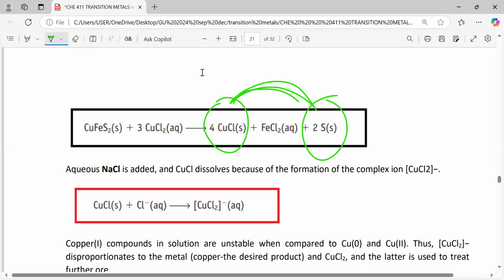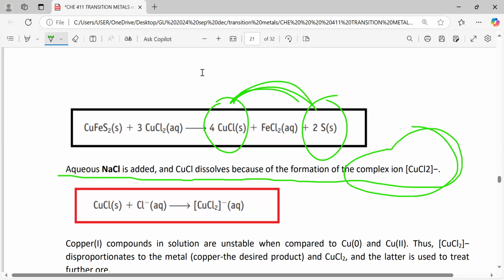Then what happens next? They add aqueous salt, sodium chloride, common salt. Then what does it do? It creates a soluble complex with copper; the chloride ions from sodium chloride create a complex that is aqueous, and therefore you are now able to separate your copper chloride from the sulfur.